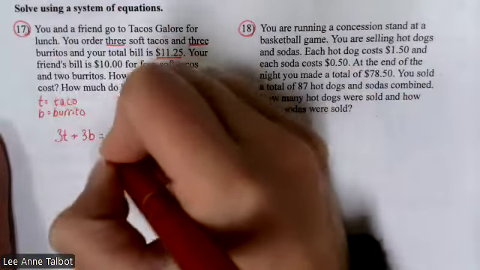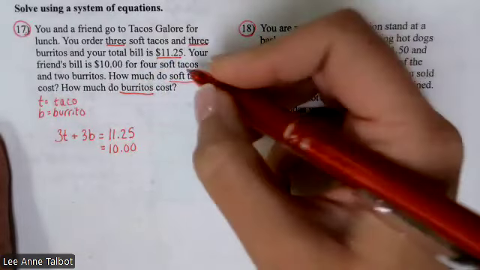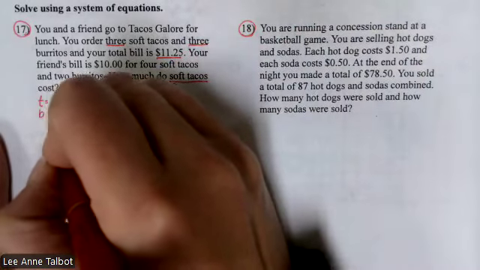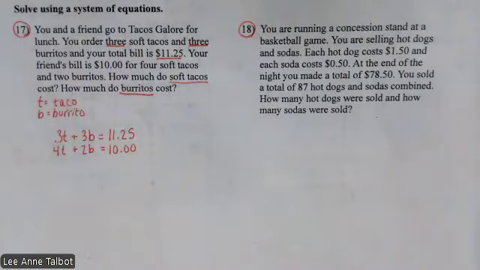Your friend's bill is $10, so I'm going to line that up underneath: the money for four tacos and two burritos.